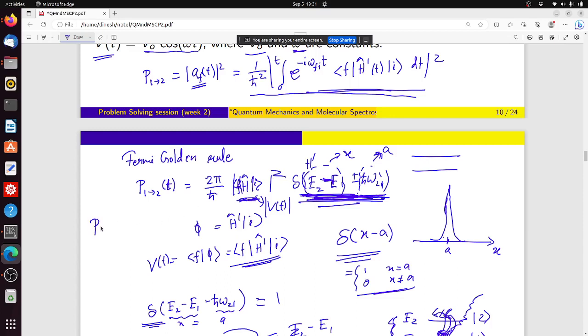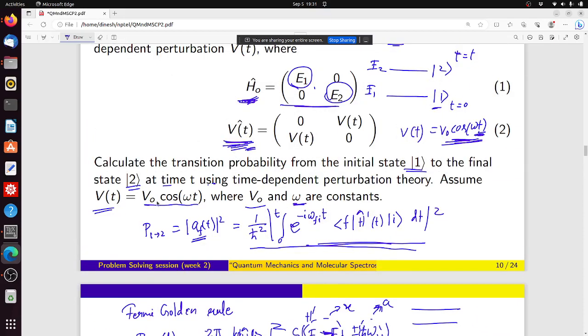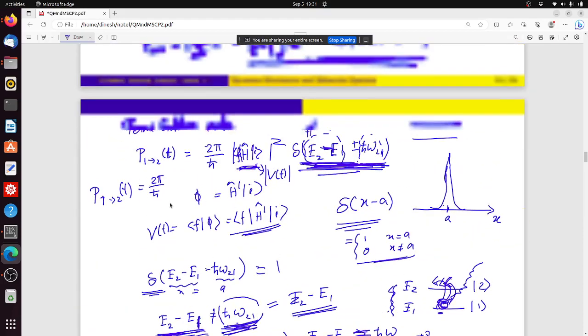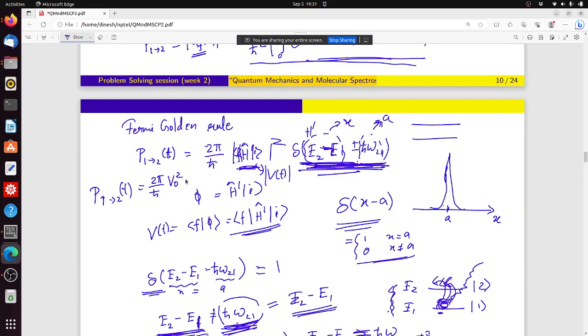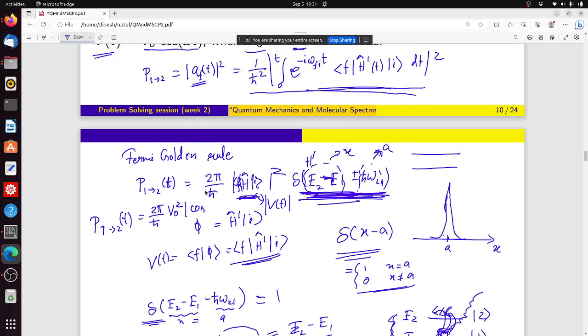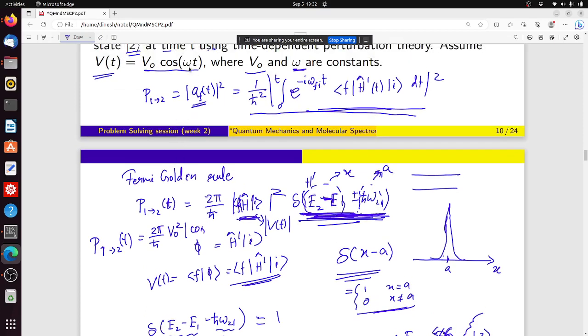So the transition probability will be 2 pi over h cross, V naught is a constant, you can take it out, V naught square, and mod of cos omega t with E2 minus E1.